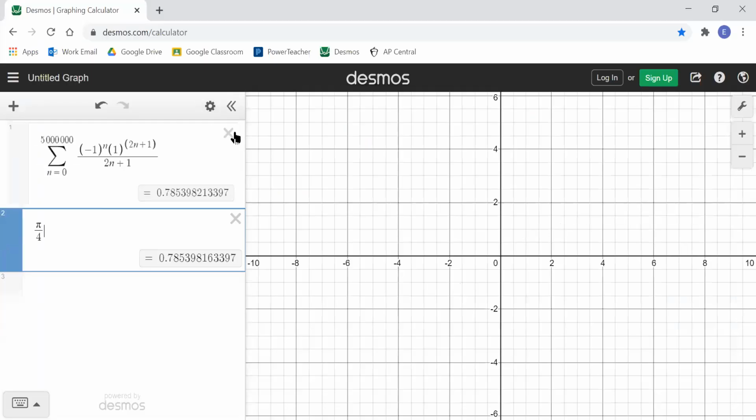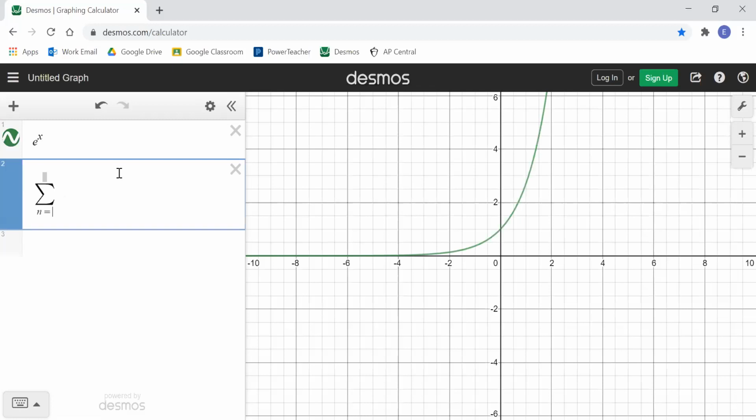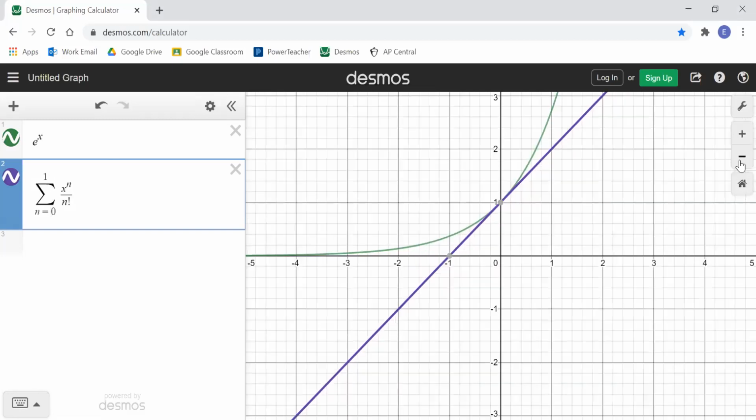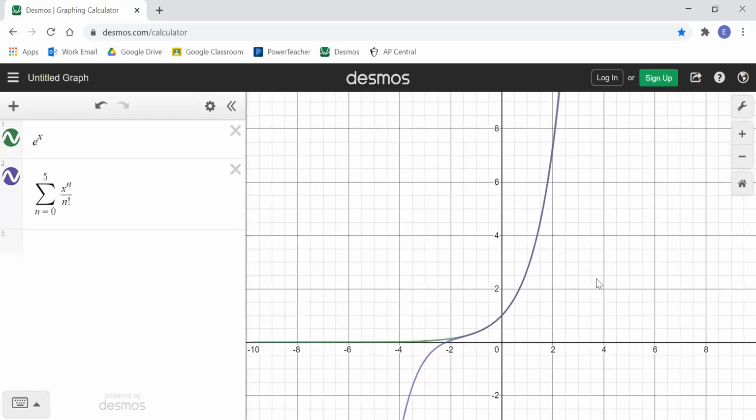if we go into Desmos and we graph e to the x, we know it looks like that. If we go in here and graph the sum from n equals 0 to, we'll just start at 1, x to the n over n factorial, it's going to have some trouble here because n factorial gets very large very, very quickly. But if we go in and change this to like 5, we can see that it starts to line up pretty nicely against that function, doesn't it?